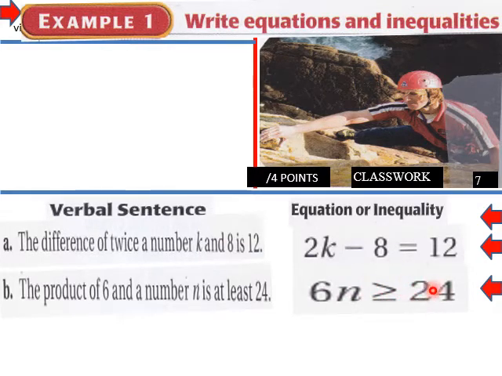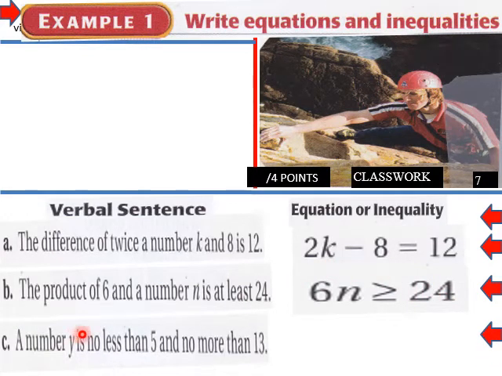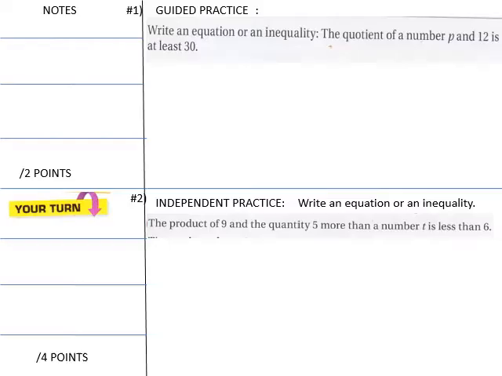So it includes 24. And then number y is no less than 5 and no more than 13. So we have a complex inequality here, don't we? So this is what it would look like. We have two conditions here. We have 5 is less than or equal to y, and y is less than or equal to 13. So it's a complex inequality here.